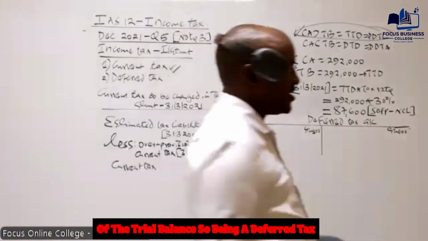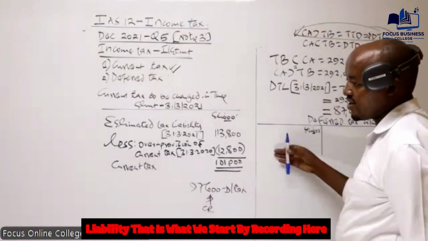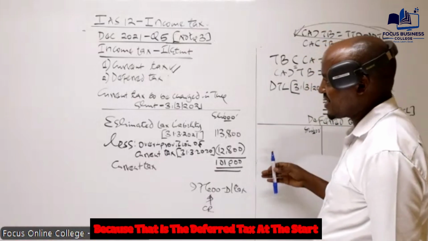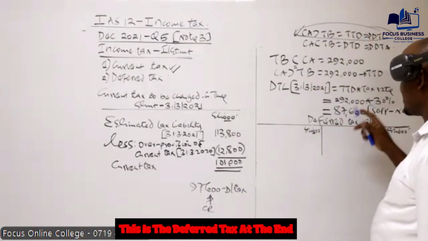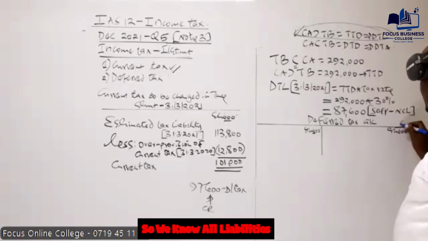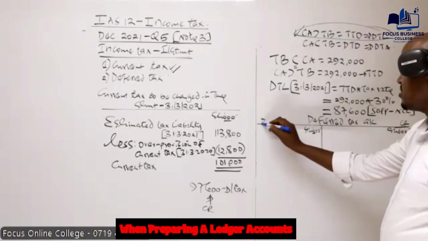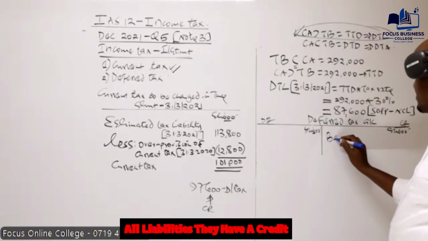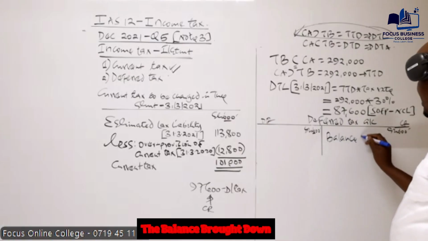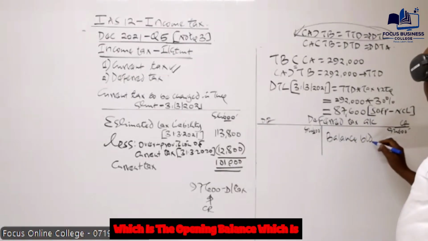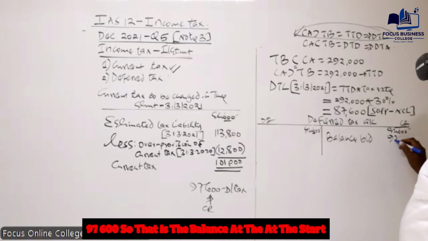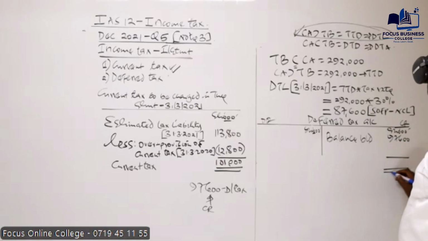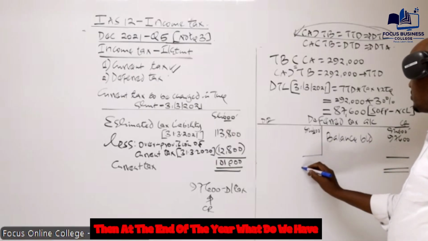So being a deferred tax liability, that is what we start by recording here, because that is the deferred tax at the start. This is the deferred tax at the end. When preparing a ledger account, all liabilities have a credit balance. So we start by recording the balance brought down, which is the opening balance, 97,600.